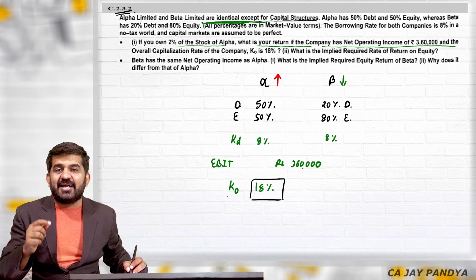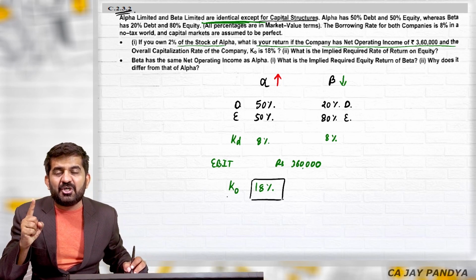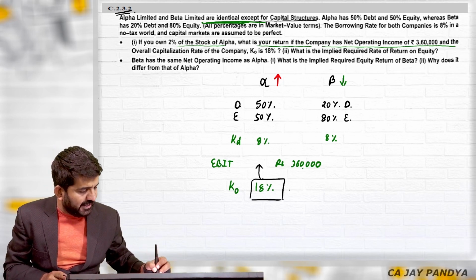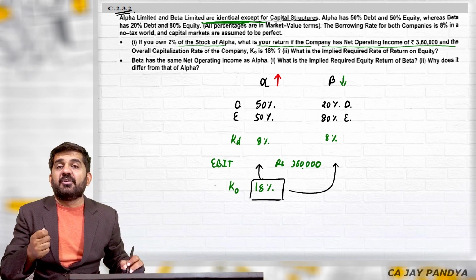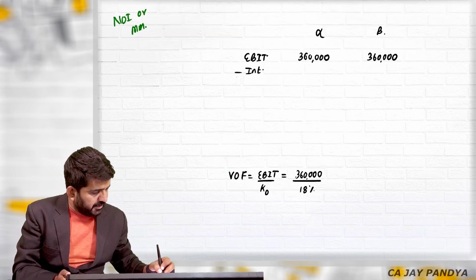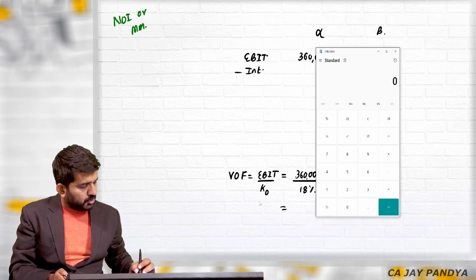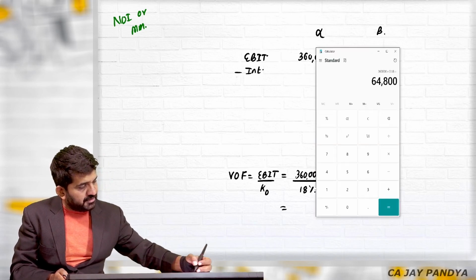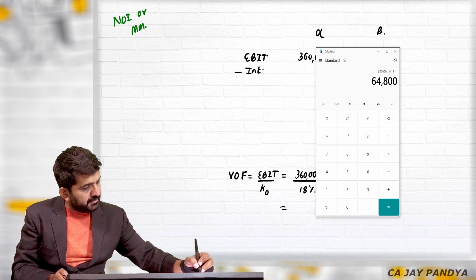Net operating income and Modigliani-Miller both say that KO will remain the same whether it is a levered or unlevered company. It does not change. So I can take KO in both cases as 18%.